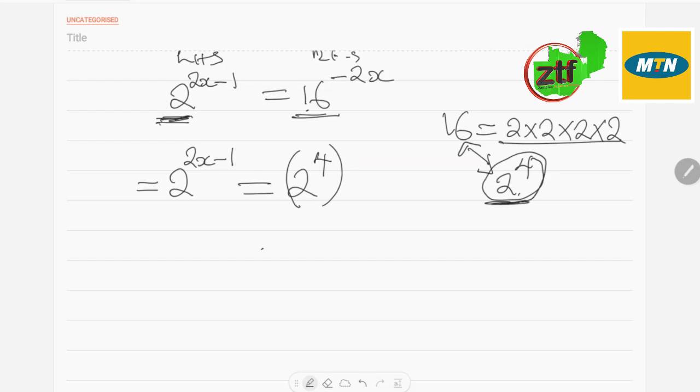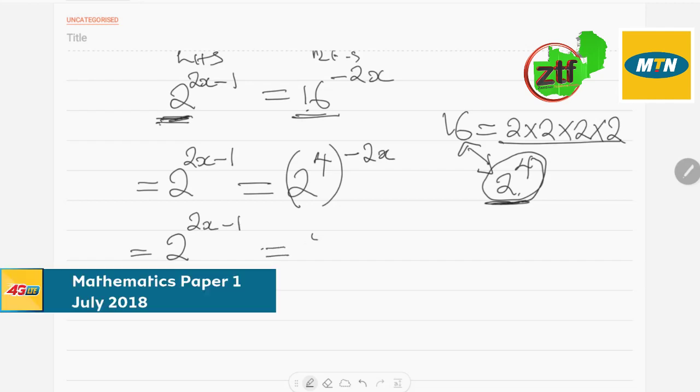We have not changed anything except we have expressed 16 as a product of prime numbers, and we have used 2, the first prime number. And we are mindful that there is negative 2x there. So now, what does this mean? This also means that we have 2 raised to 2x minus 1 equals 2 raised to 4 multiplied by negative 2x.